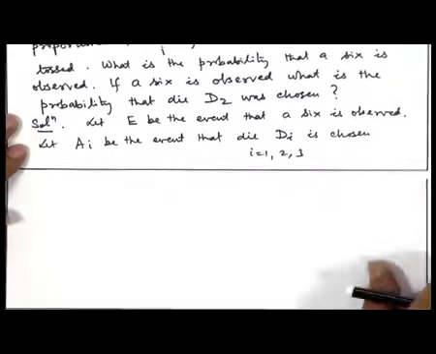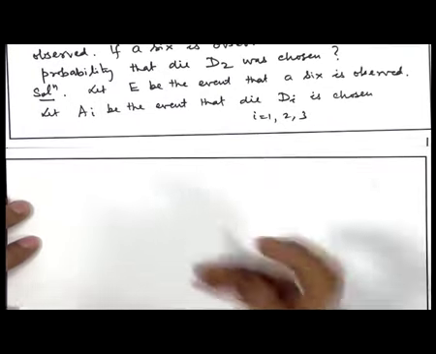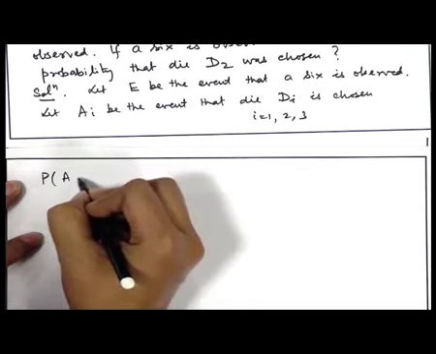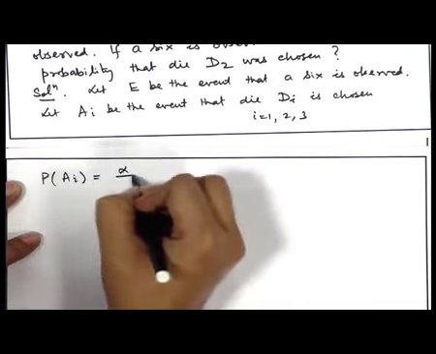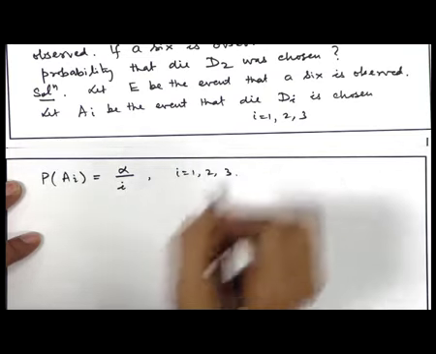Then probability of Ai is some alpha by I for I is equal to 1, 2, 3.